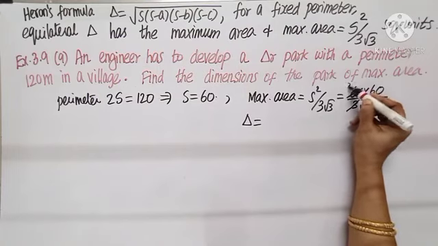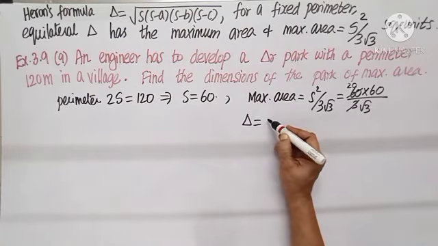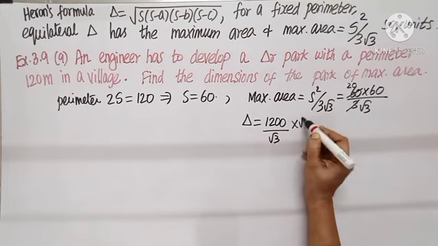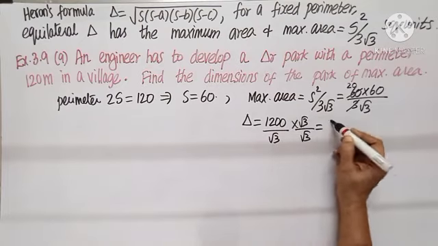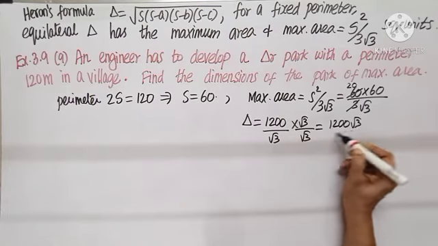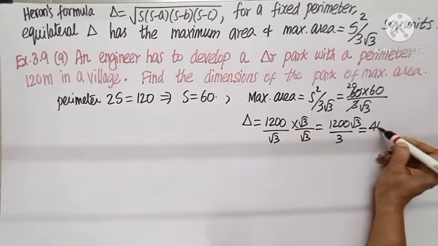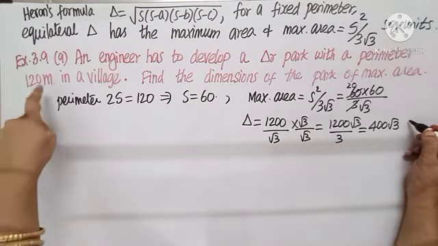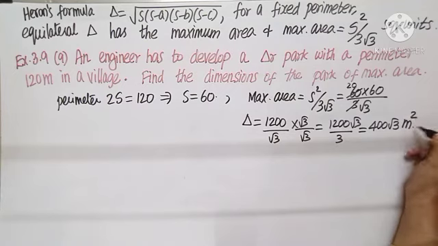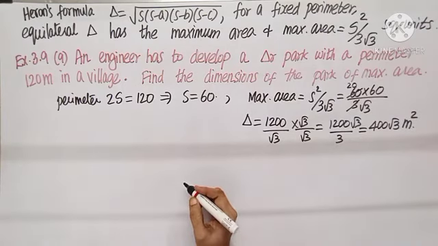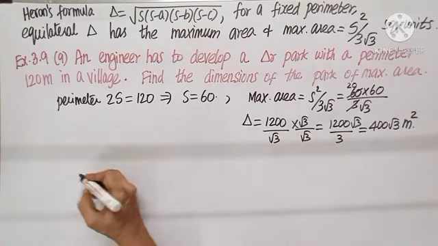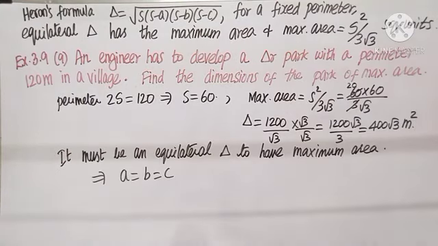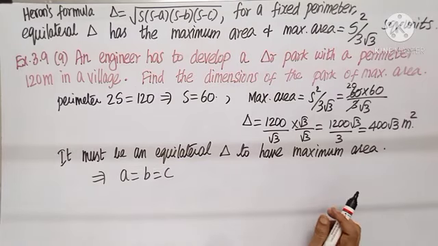Cancelling 3 with 60, I get 1200 by root 3. Multiplying and dividing by root 3, we get 1200 root 3 by 3, or I can say 400 root 3 meter square. Now to find the dimensions, it must be an equilateral triangle to have a maximum area.